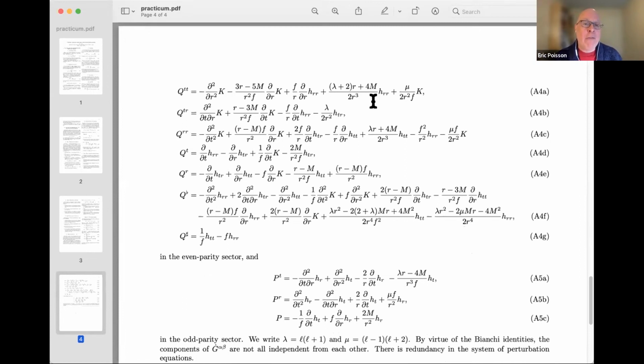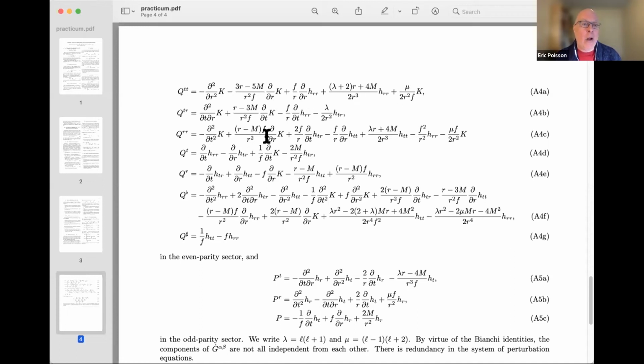So what I provide for you in this practical document is a full listing of the perturbed field equations. So this is the full content of the first order Einstein tensor, fully decomposed in a way that I described before, in terms of all of those metric perturbation variables that we introduced.